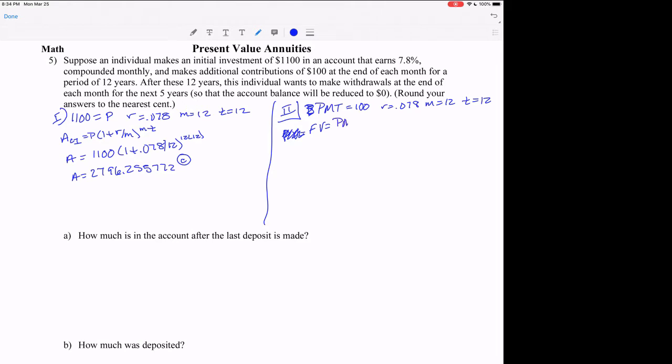So future value, PMT, is 1 plus R over M to the MT minus 1, all over R over M. Okay, so that's going to give you your future value.